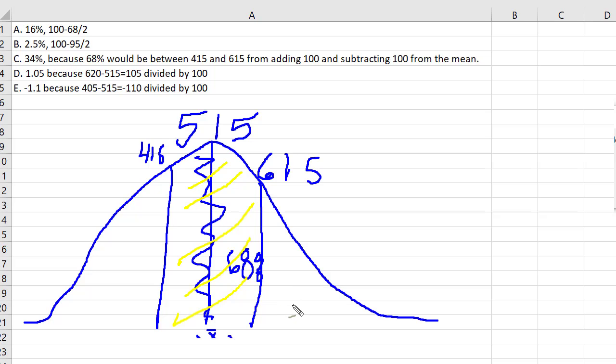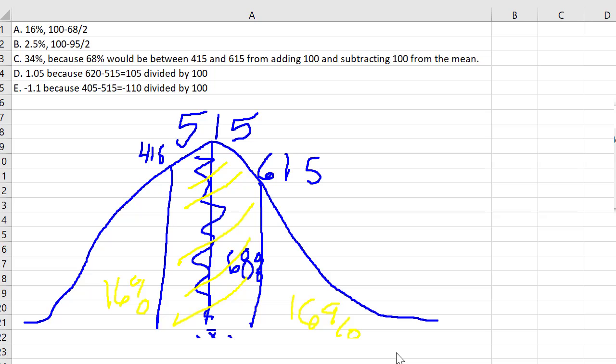So that means 16% must be here, and 16% must be here. Okay? So A is 16%, so anything greater than 615 is 16%.